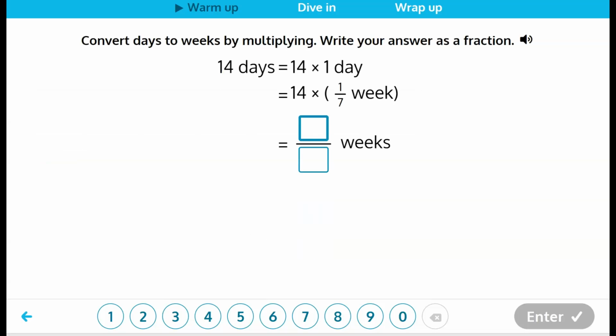If we were to write 14 days as a fraction, we would have 14 on top as a numerator and 1 on the bottom as a denominator because we have 14 days and what we're dividing by is 1 day. So then if we were to multiply these, we would say 14 times 1 is 14, and then the 1 that would be underneath the 14 would be 1 times 7, so it would be 7.